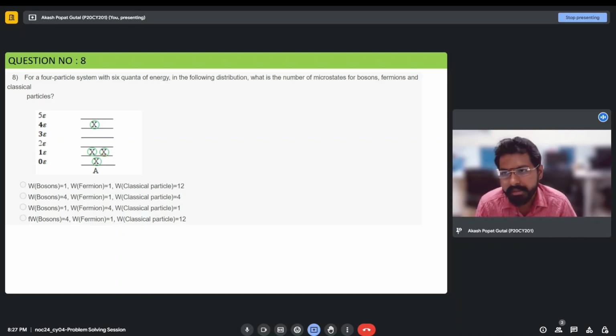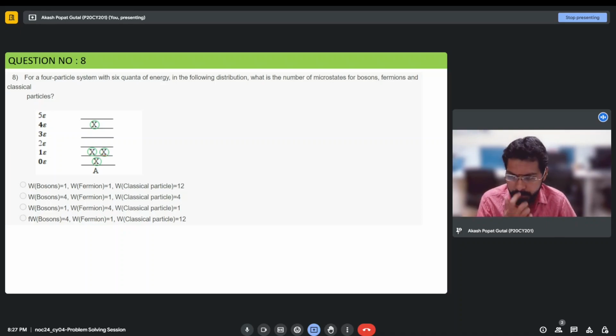So for a four particle system of six quanta of energy, in the following distribution, what is the number of microstates for bosons, fermions, and classical particles? The distribution is given, and first we consider bosons. What are the possible distributions?